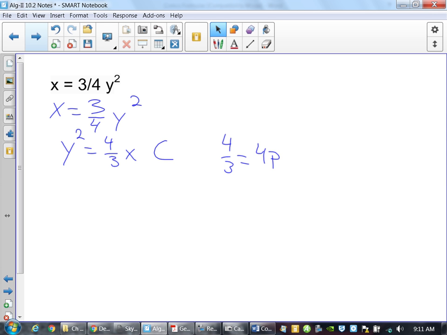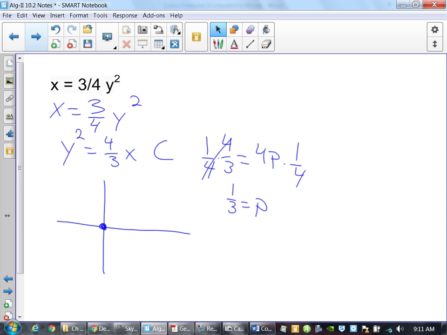Multiply by 1/4, or divide by 4. If I multiply this by 1/4, you get 1/3 for p. A lot of very subtle fraction things you're going to work with. Okay? So now we know it opens to the right. We have a p value of 1/3.